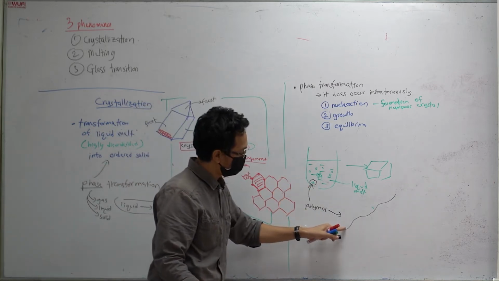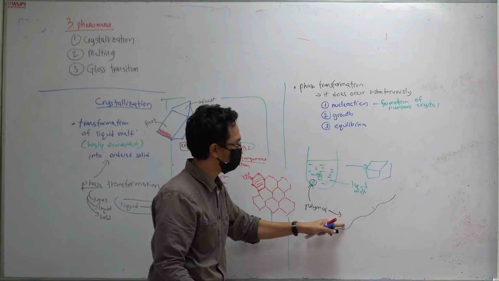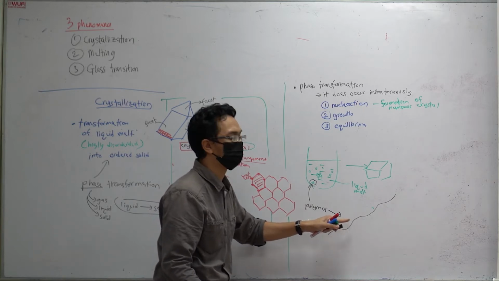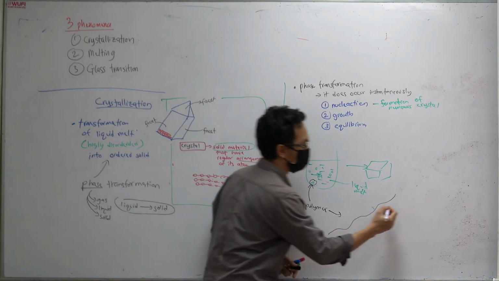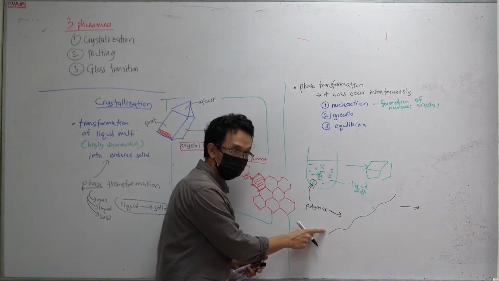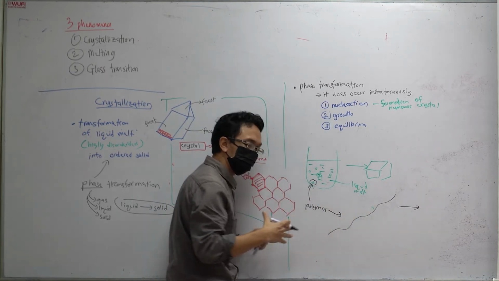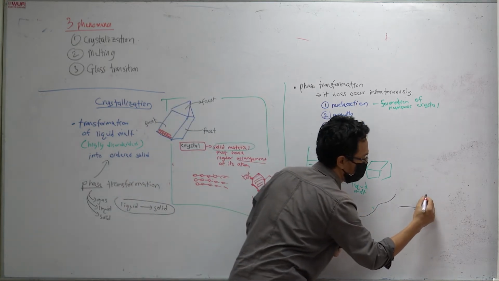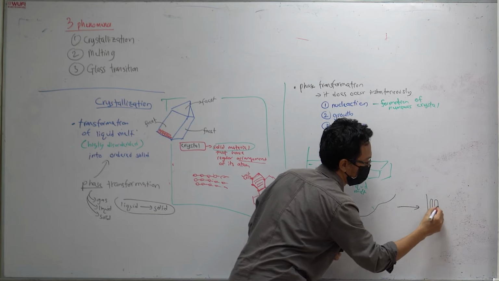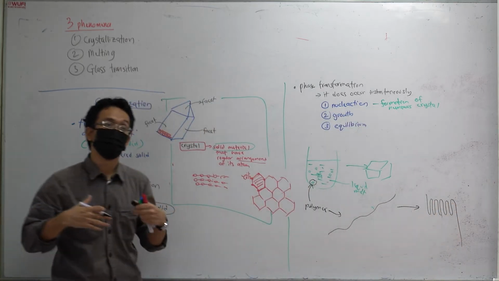So how does this become crystalline? It turns crystalline by folding. This is not crystalline. This is just a chain of polymer. Normally when we say crystalline polymer, this chain will fold like this. So that's what we mean by crystalline polymer.